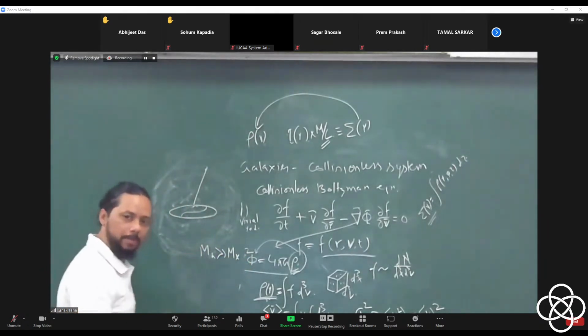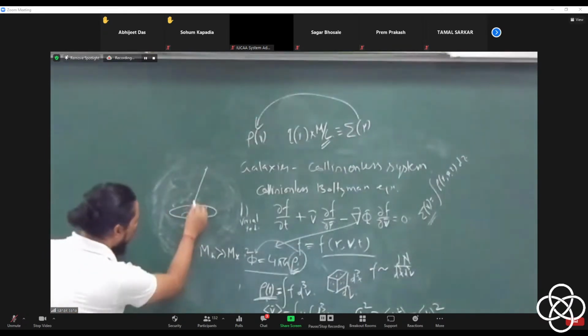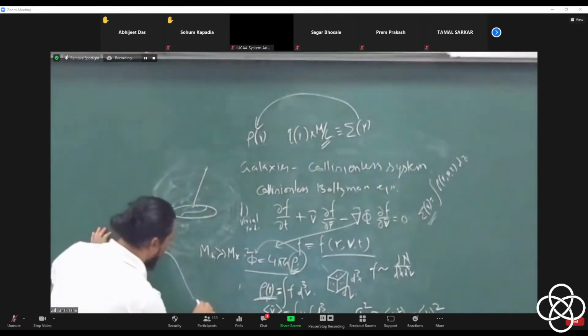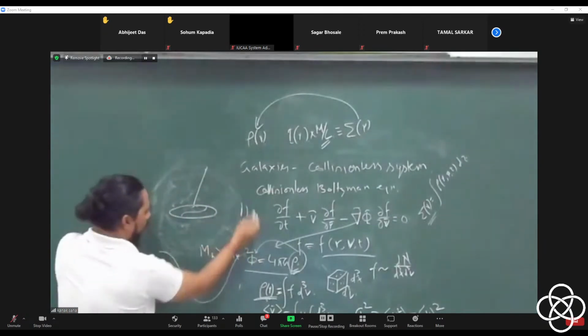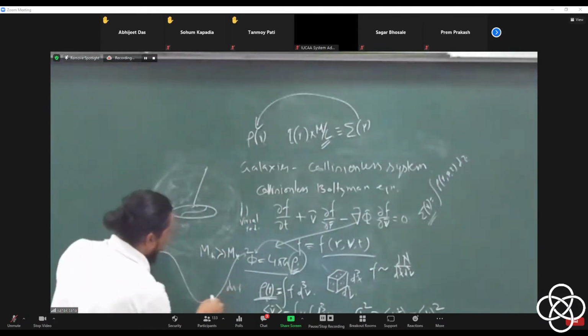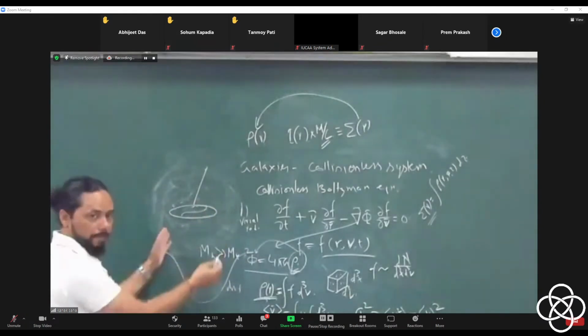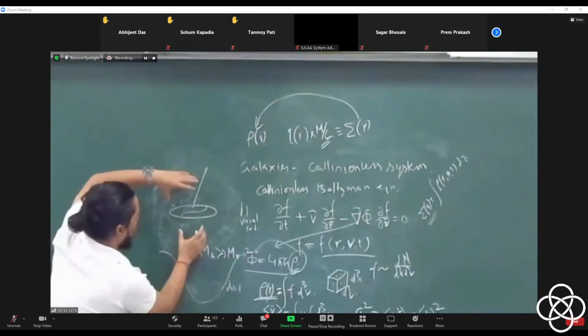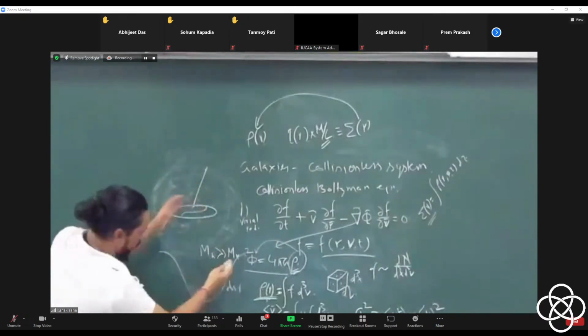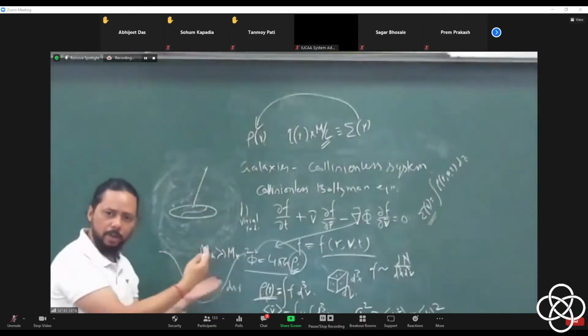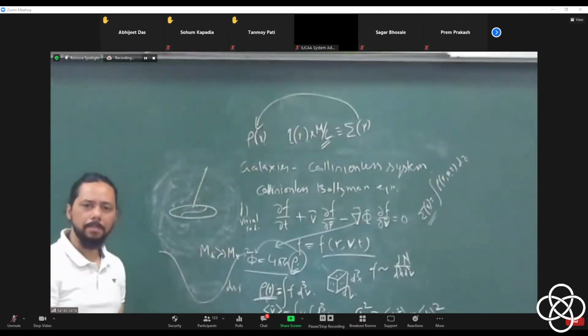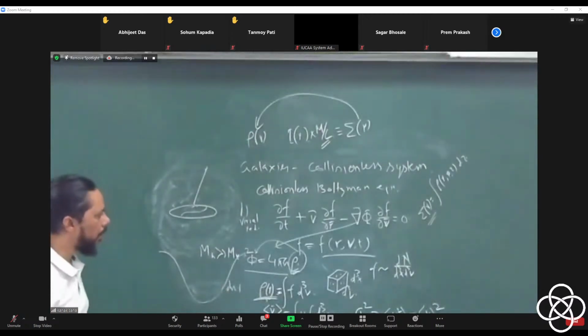We know lots of cases. Then you can think about this as a potential well of the dark matter, in which the baryons are at the bottom of the potential well, because the density is high at the center. So qualitatively it will be like this. Okay, I got that one.